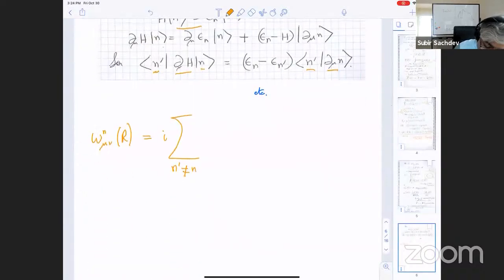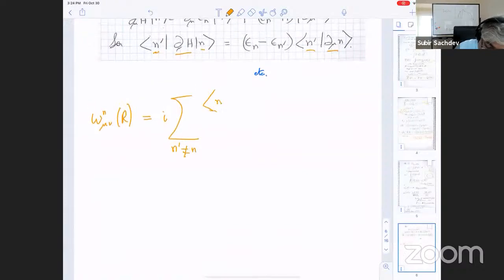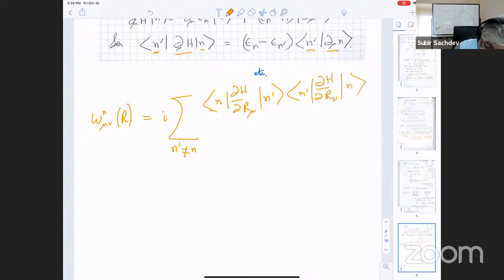And then you have a numerator, which are matrix elements of the derivative of the Hamiltonian, which is what we love, because they're easy to evaluate. n, dH by dR mu, n prime, times n prime, dH by dR nu, n, minus interchange mu with nu, the whole thing divided by En minus En prime, the whole squared.